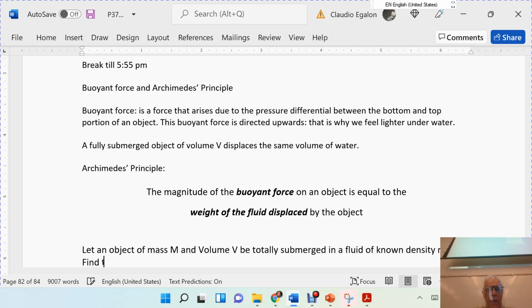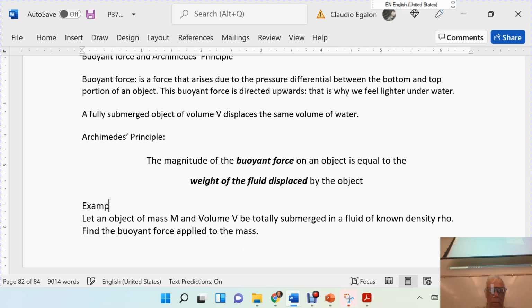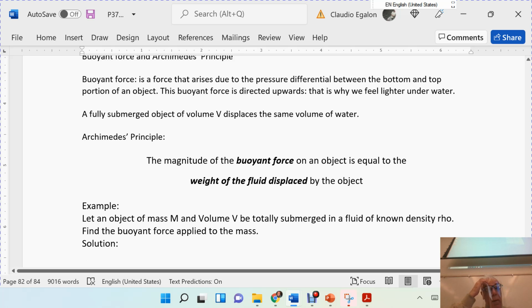Find the buoyant force applied to the mass. Solution. Okay.